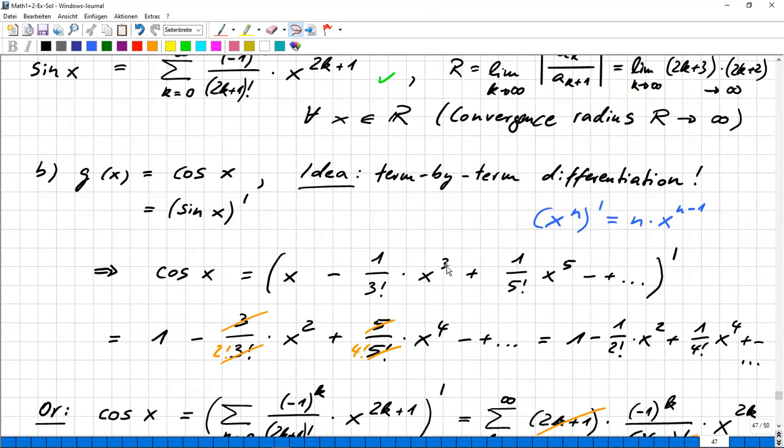Then the cube term, a factor of 3 comes here. You see, I get 3 times x squared, but the 3 over 3 factorial means that I can just cross out this factor of 3 against the one here. So what remains below is just the factorial of 2, like 3 divided by 3 times 2 times 1, what remains is 2 times 1 in the denominator.